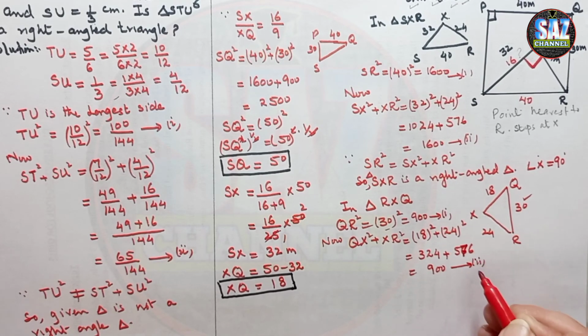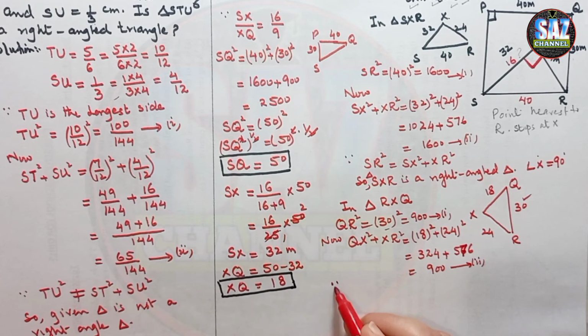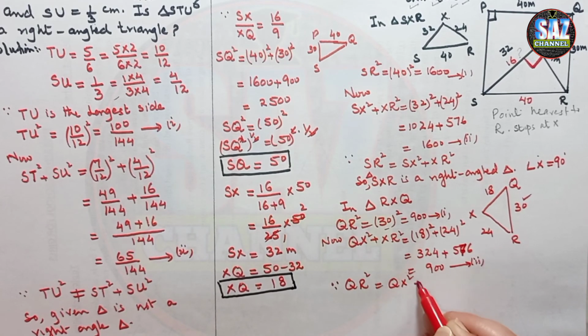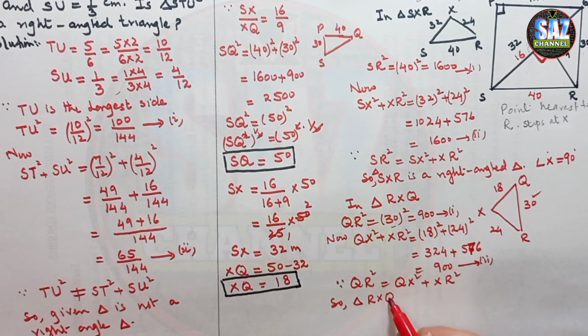So what are we observing? That QR square equals QX square plus XR square. So again, triangle RXQ is a right angle triangle.